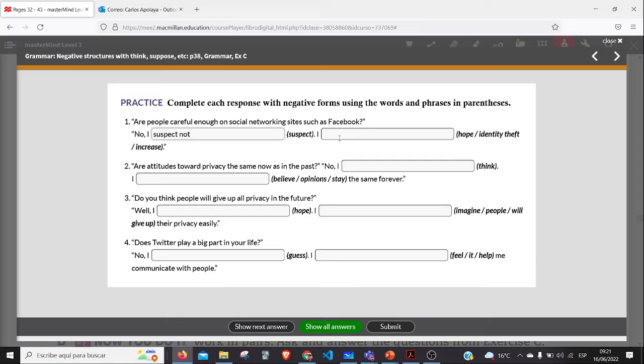Good. Next, we have hope, identity theft, increase. I hope identity theft. Espero que el robo de identidad aumente o no aumente.